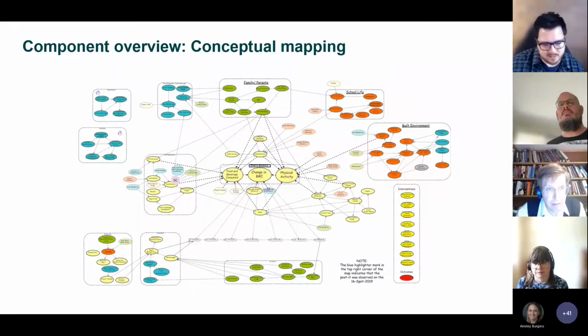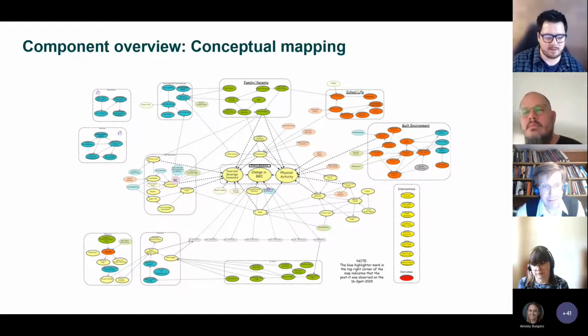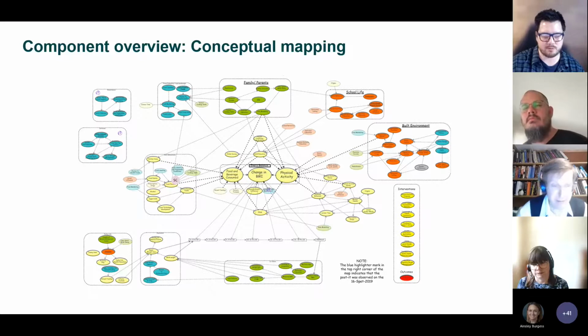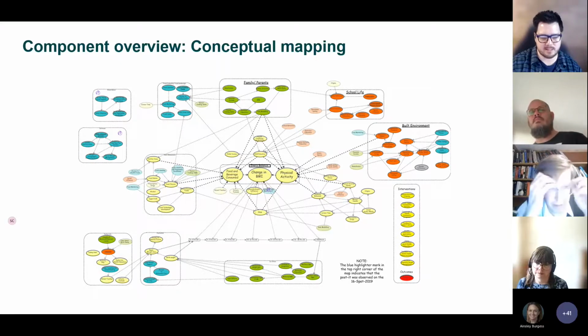It was my job then to take that big brown paper with all the post-it notes and try to understand a lot of the causal mechanisms, or the structure that we wanted to include in the model, and then look at what data we could use to ground the model and operationalize the running of the model. So this was the first iteration, when I was just trying to clean up a lot of the effects and detangle a lot of the things that were in there.